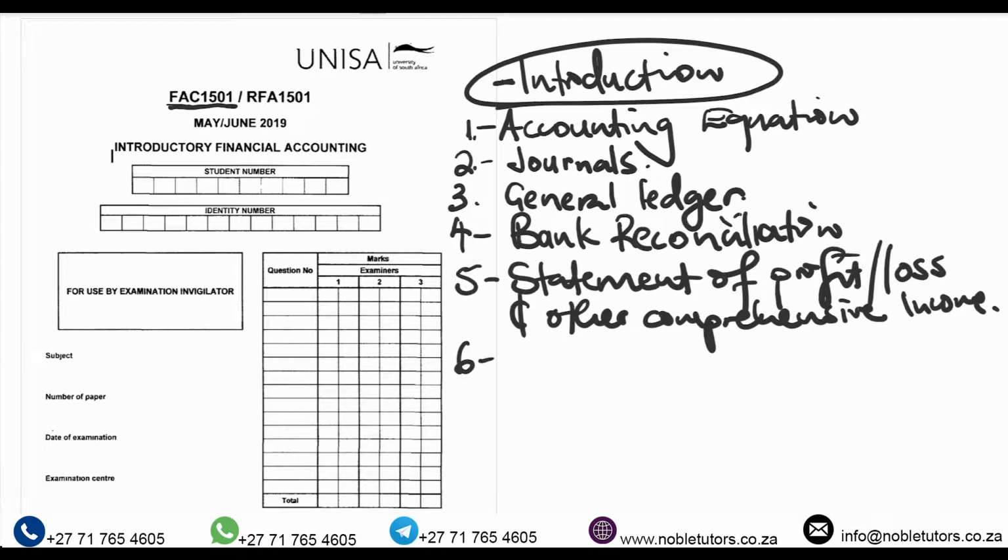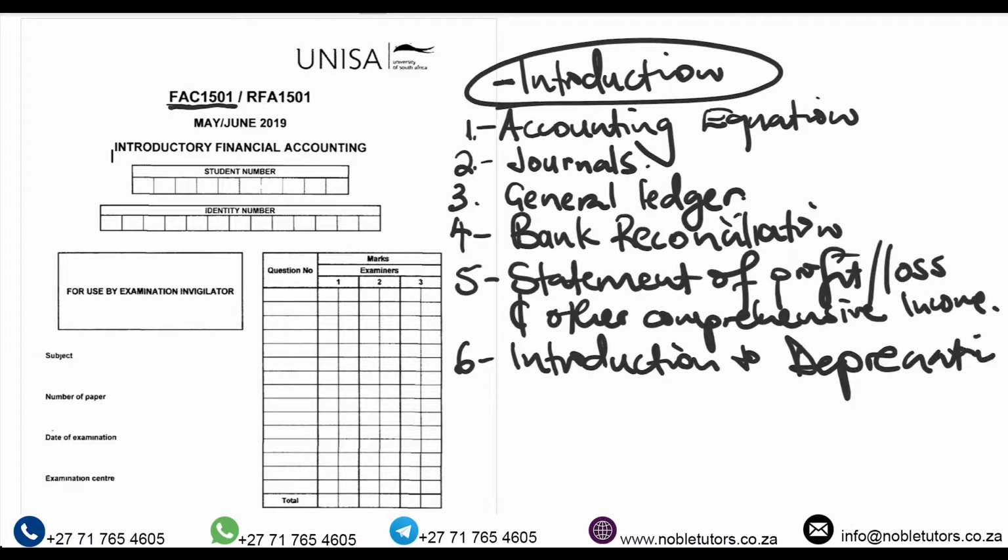Then from the sixth topic, I'm just going to introduce you to depreciation. We're not going to go deep into detail, but I'll introduce what depreciation is, how we calculate depreciation, and what the effect of depreciation is on our non-current assets.